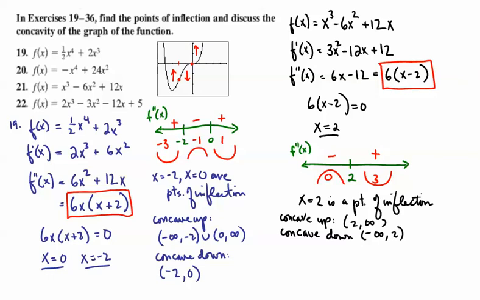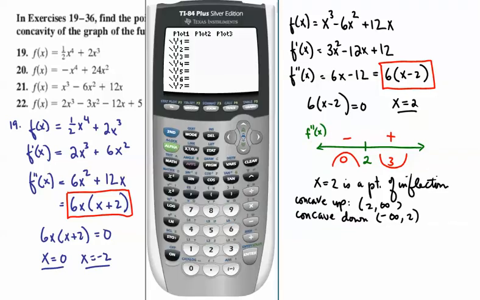Alright, we'll bring up the graphing calculator. And here we have x to the third power minus 6x to the second power plus 12x. We'll zoom standard and see what we get. Alright, well, we can see one point of inflection in there, but I'll adjust the graph a little bit.